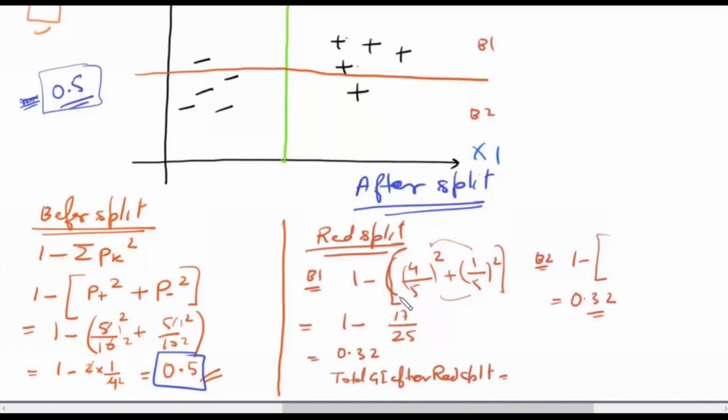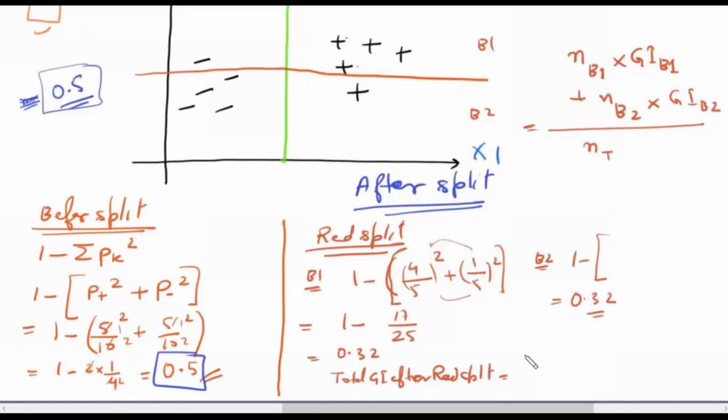We don't just add them up, we take a weighted average, weighted by the number of points they have. Let me write the formula for that: the number of points in bucket 1 into Gini index of bucket 1, plus the number of points in bucket 2 into Gini index of bucket 2, and all of this divided by the total number of points, n total. This will be the Gini index after split.